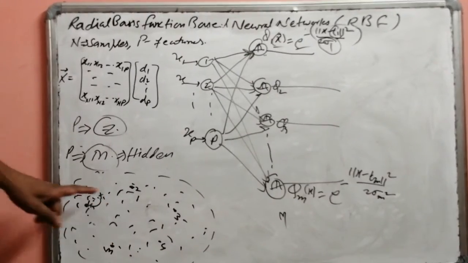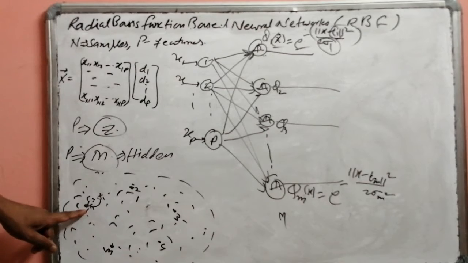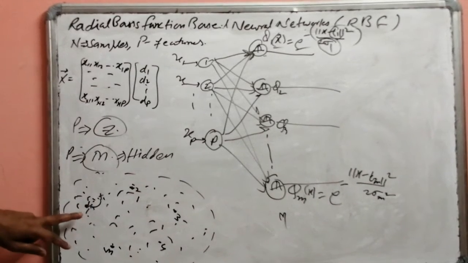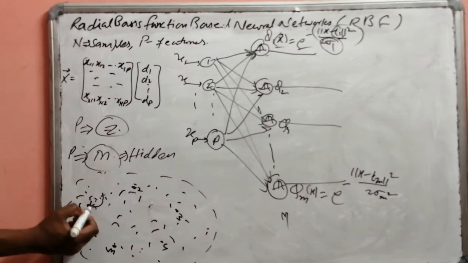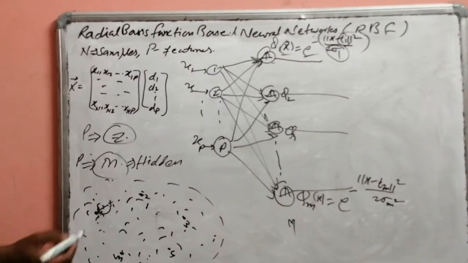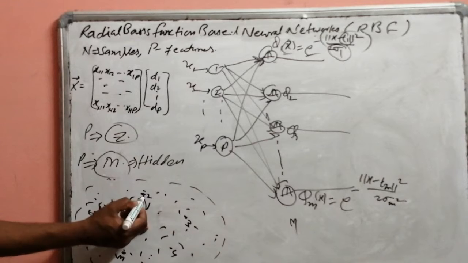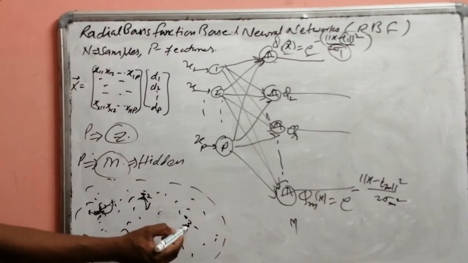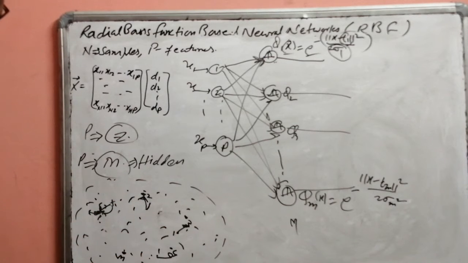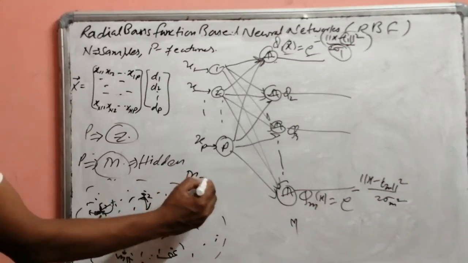So assign this x to its nearmost center, that is center number 1. Assign this pattern to cluster number 2, this to cluster number 3, this to cluster number 4, and so on. Let there be 5 clusters. Let m be equal to 5 for now.